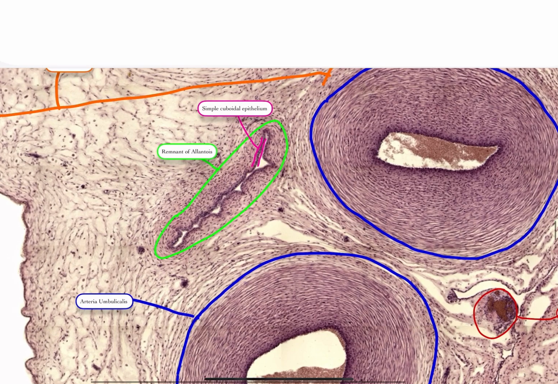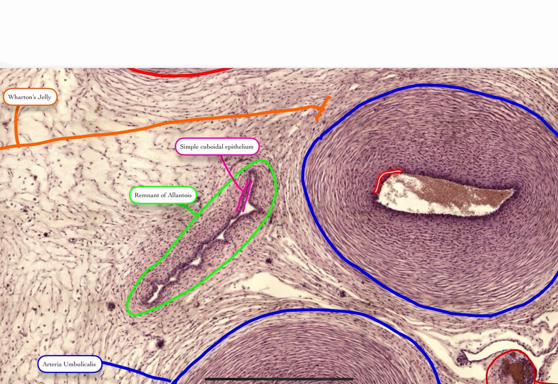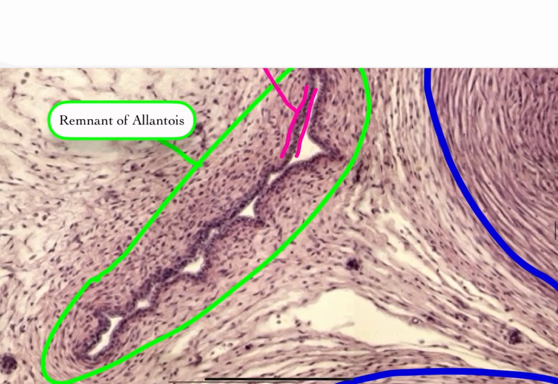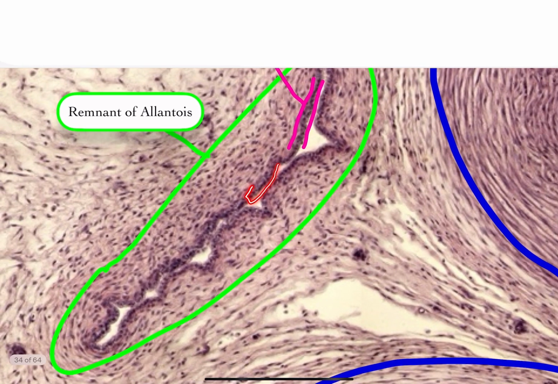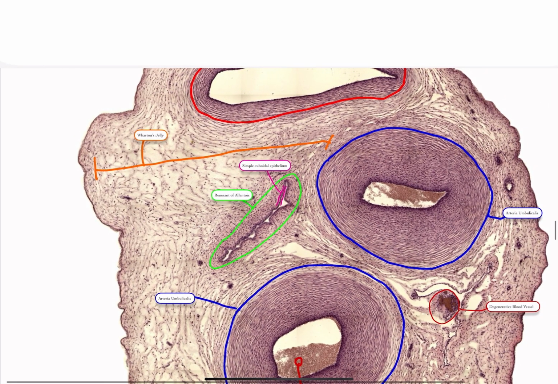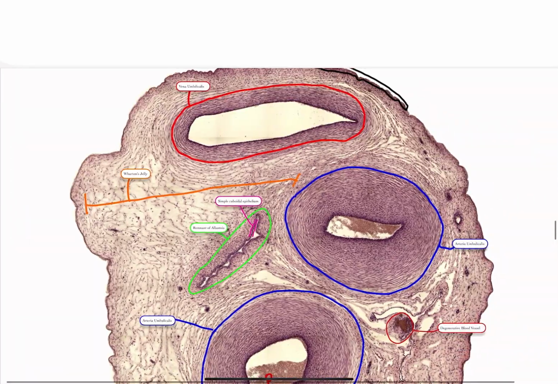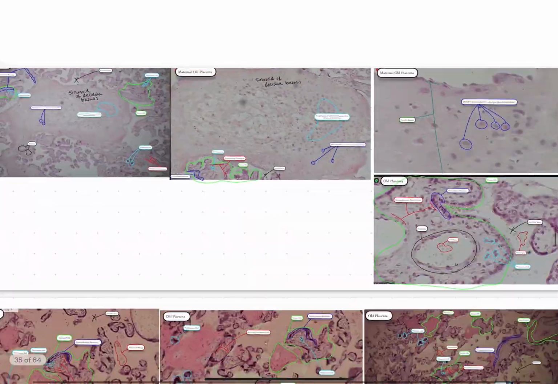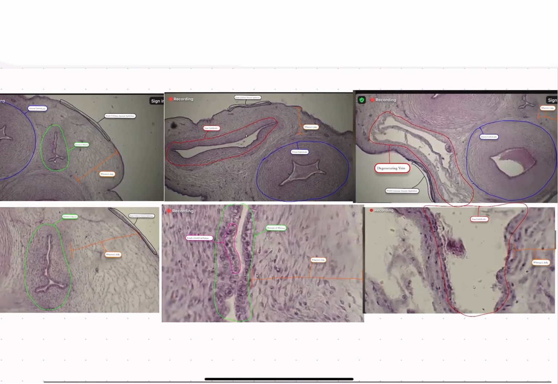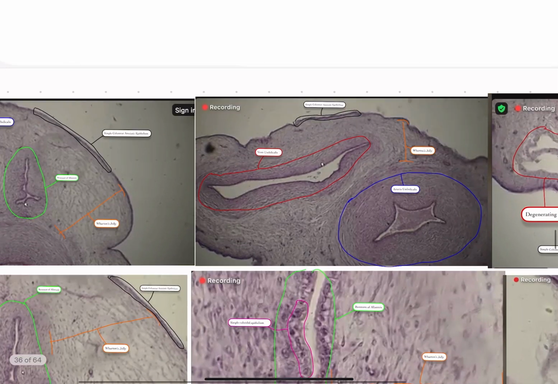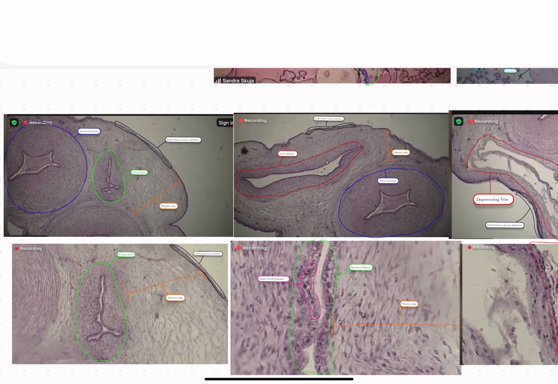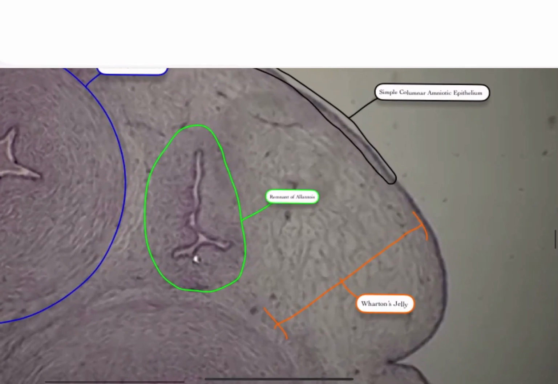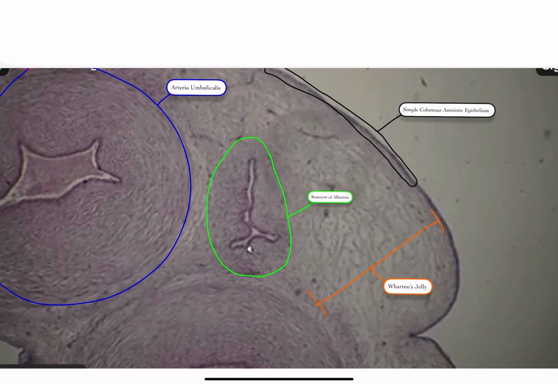You can see that while we have all of this thick border, we can definitely see a border here that is a lot more cuboidal in shape, the simple cuboidal epithelium. It will be more visible when we zoom in, so let me find it here. This is an umbilical cord, right? And here they will show you the vein, they will show you the artery, but then they will also show you this. At the initial line of sight, you will not be able to as accurately distinguish if this is a gland or a blood vessel, which is fair.